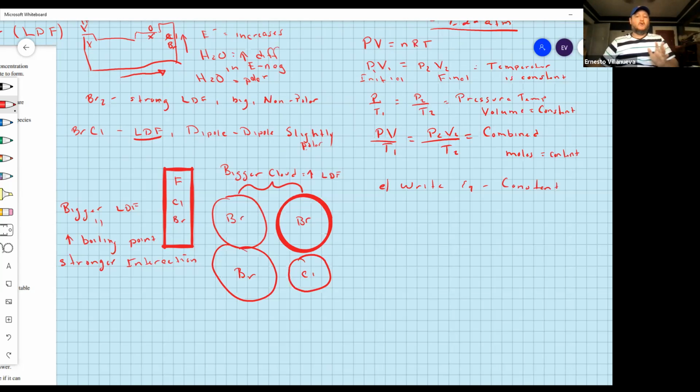There's a very simple formula for this. The equilibrium constant is equal to the concentration of the products divided by the concentration of the reactants.